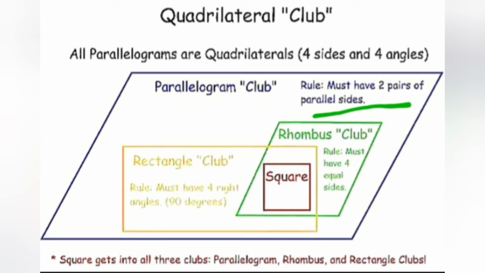That means there are 4 sides, and two sides will be parallel to each other, so there will be 2 pairs. Similarly, our rhombus, square and rectangle are all parallelograms, because they all have 2 pairs of parallel sides present.